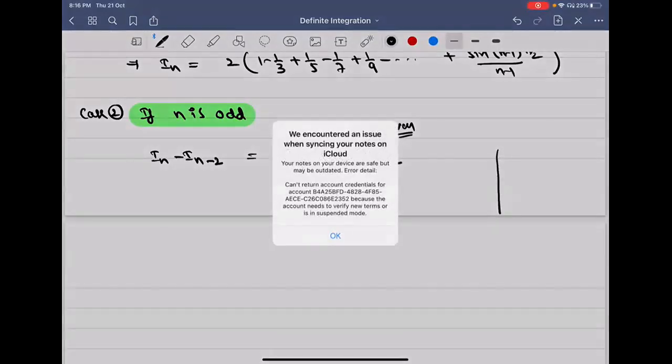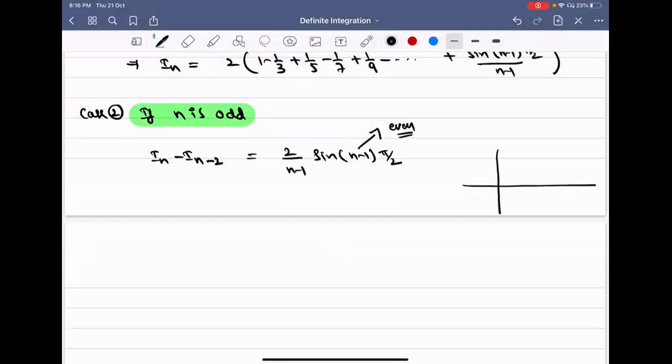If you see the graph of sine, this is 0, this is pi, 2 pi, etc. So n minus 1 is even, therefore it is of the form 2k. The 2 cancels, therefore k pi.